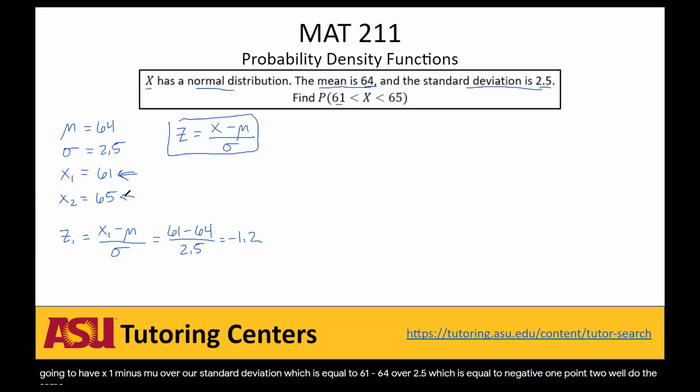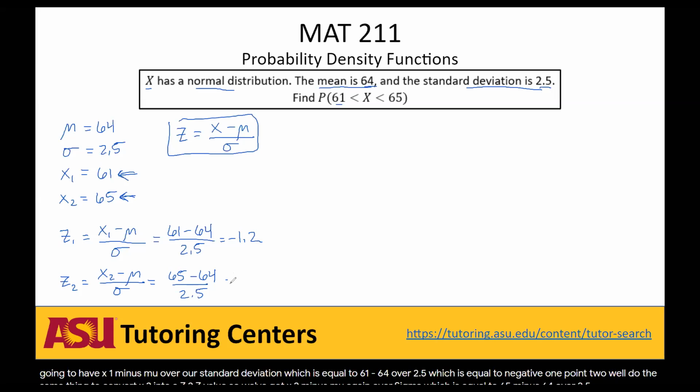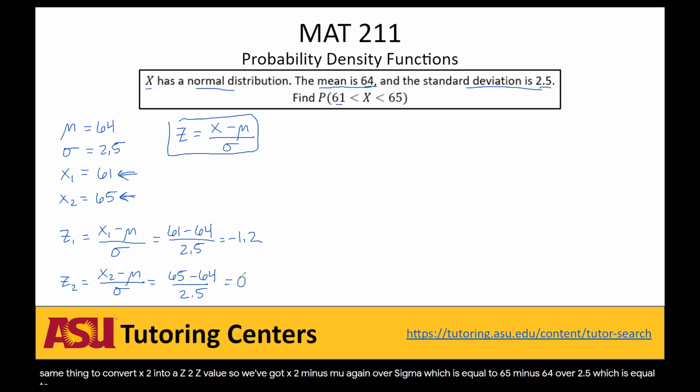We'll do the same thing to convert X2 into a Z2, a Z value. So we've got X2 minus mu again over sigma, which is equal to 65 minus 64 over 2.5, which is equal to 0.4.